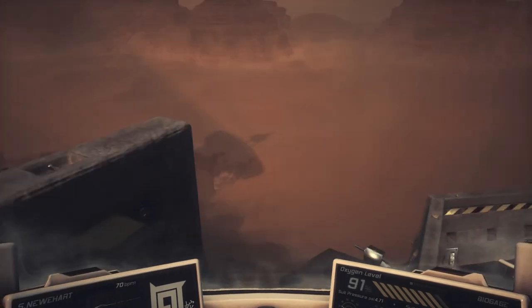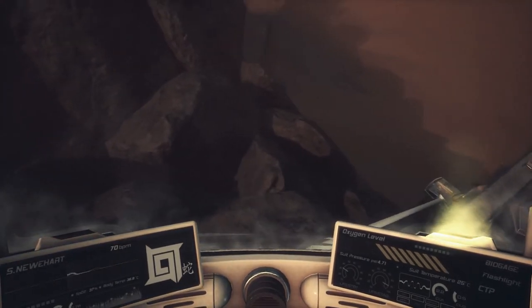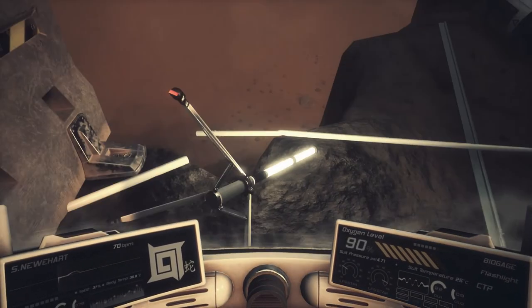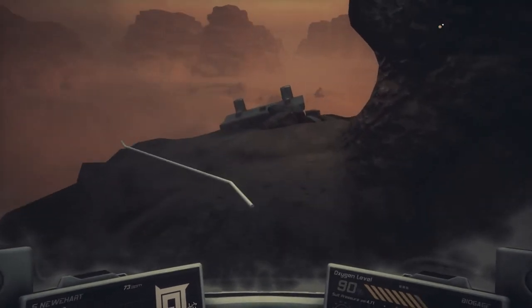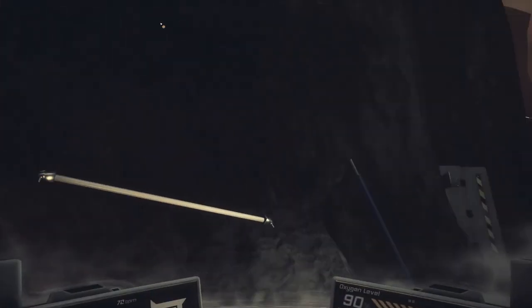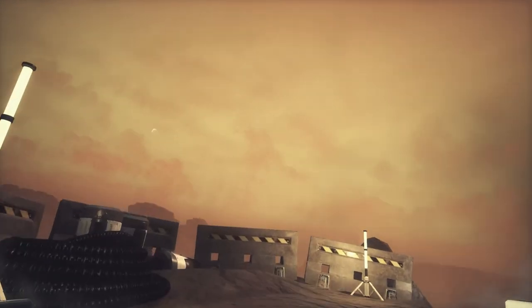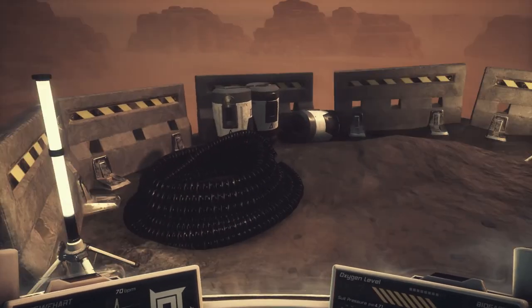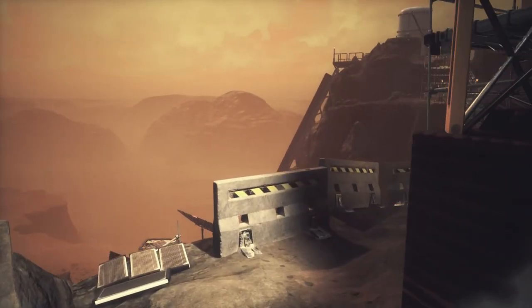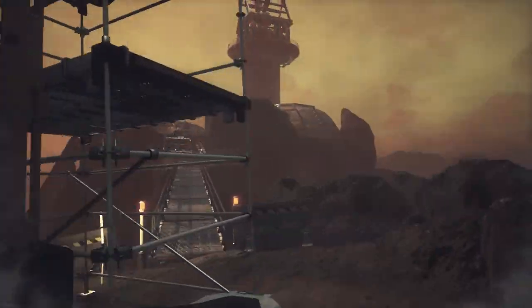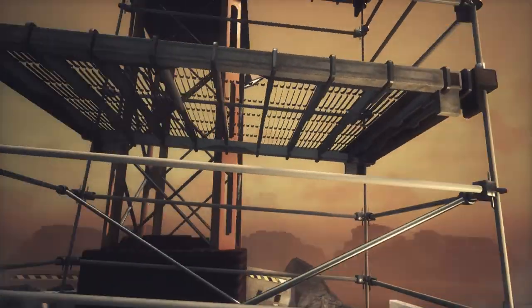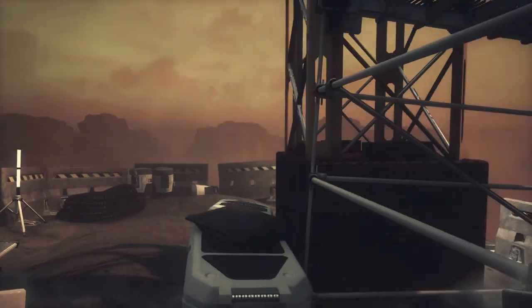The satellite dish. Because I'm afraid if I drop here, I won't be able to go back up. Okay. Doesn't look like I can climb this.